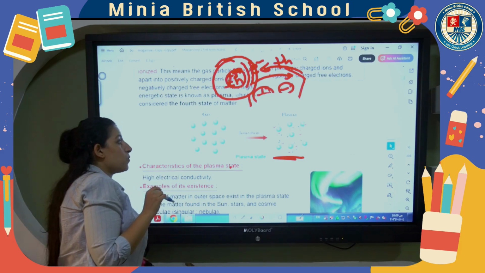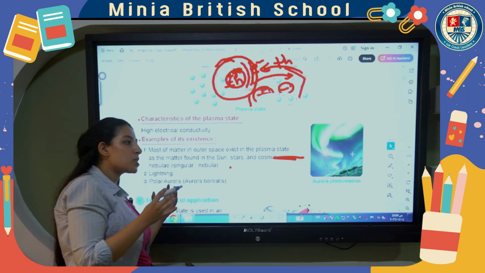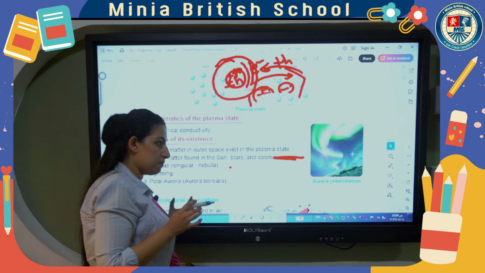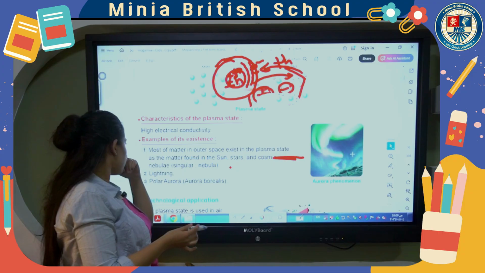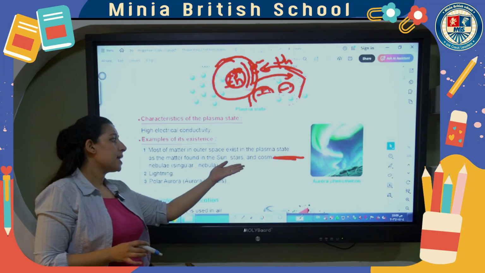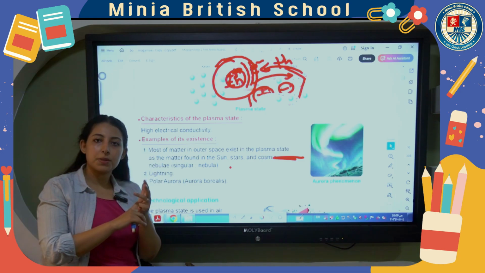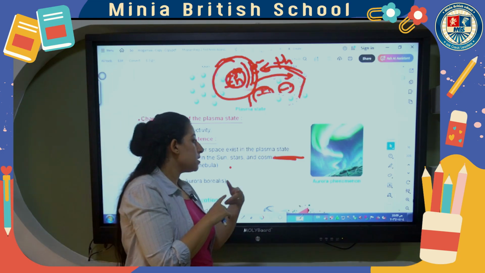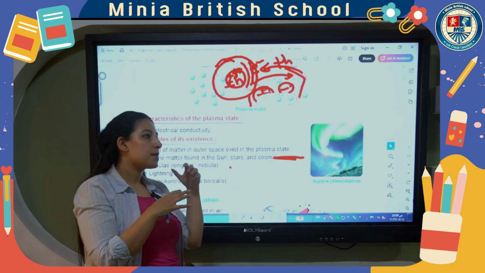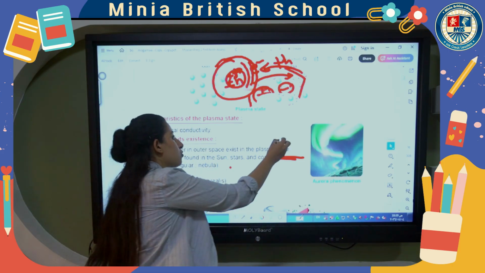At which time can we see plasma state? Do you know that most of space is in plasma state? Yes. Most of the matter in outer space exists in plasma state, like stars, the sun, and cosmic nebulae, I mean the highly charged state with hydrogen gas.